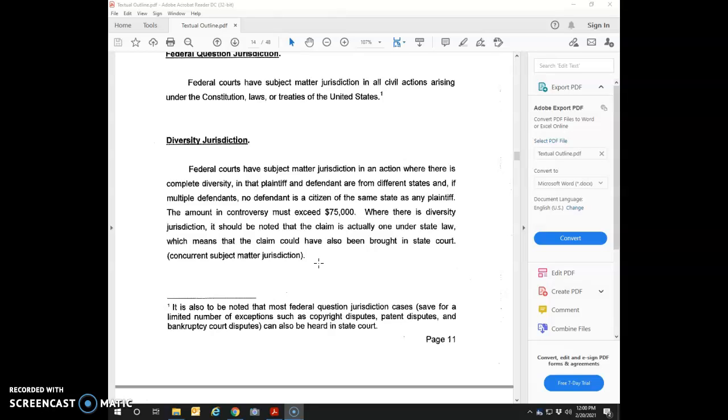The owner of the mining company that negligently permitted the condition to exist where we had this catastrophic flood was a West Virginia corporation.